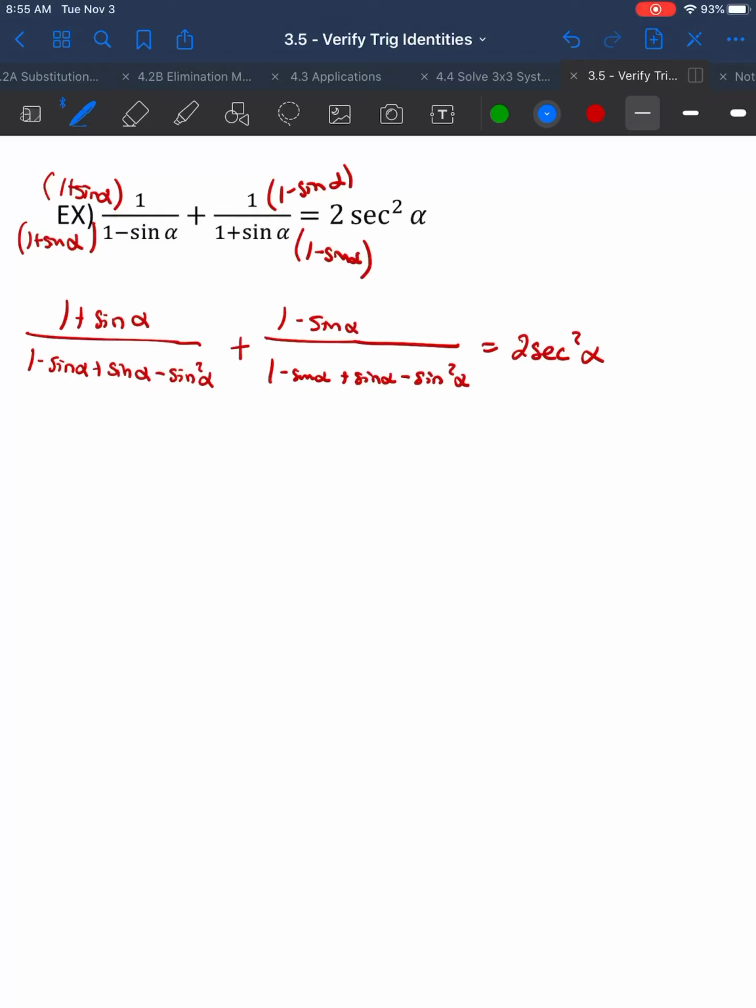Now I have my common denominators, so we add straight across the numerator and keep the denominator.